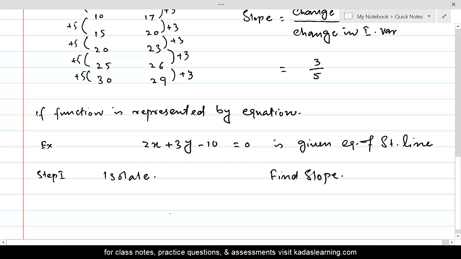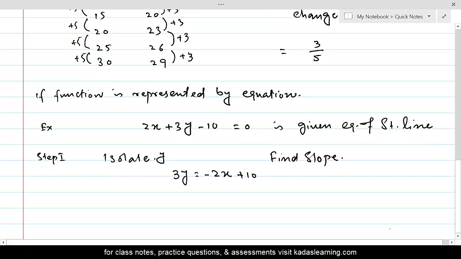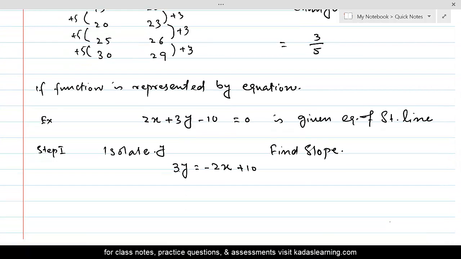If we do that, we are left with 3y equal to minus 2x plus 10. Because we want to isolate y, we definitely have to move this 3 from the left side as a coefficient of y to the other side.